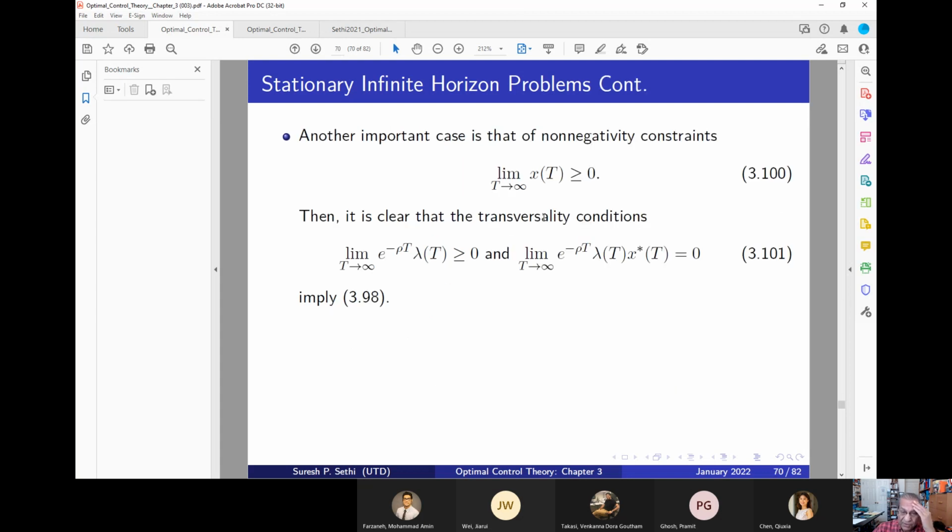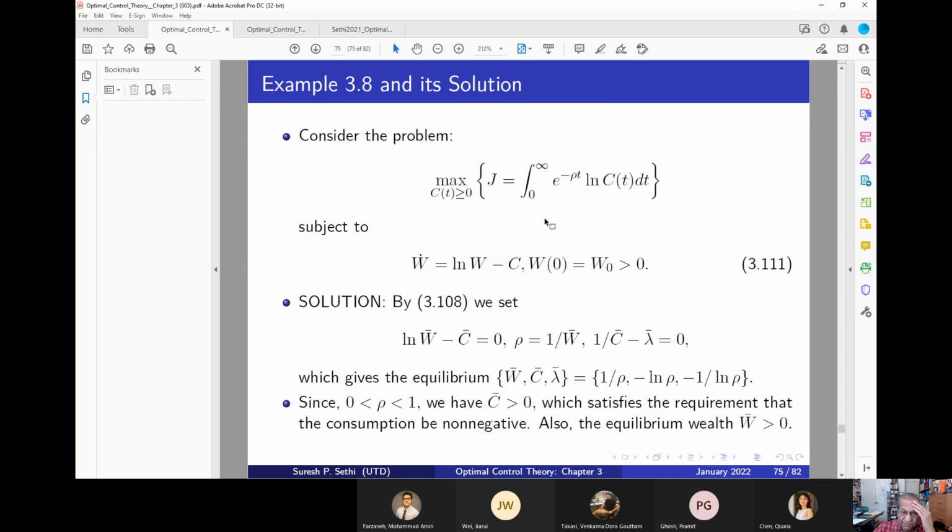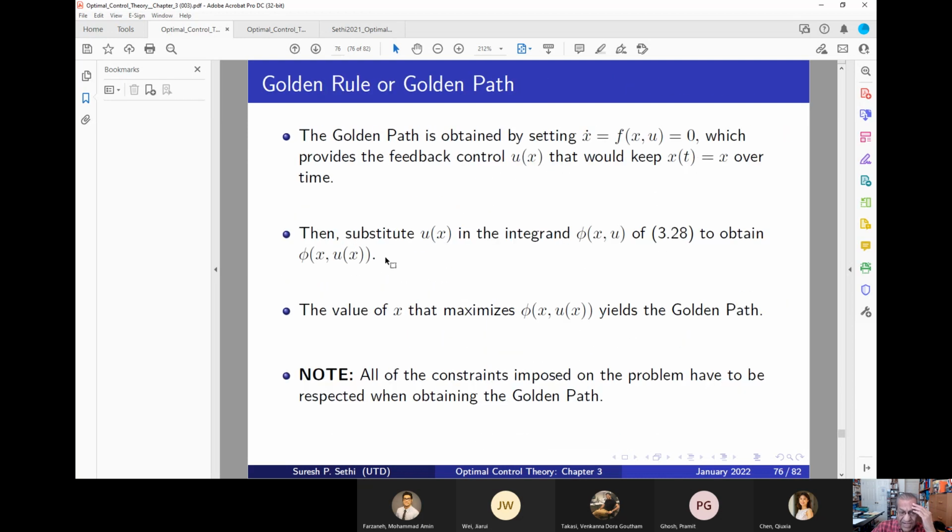That's the only way. So I basically take the derivative of this phi(x, u) with respect to x, and I solve for x. That is called the golden path. The golden path is that initial value of x that gives me an optimal solution over the values of x.